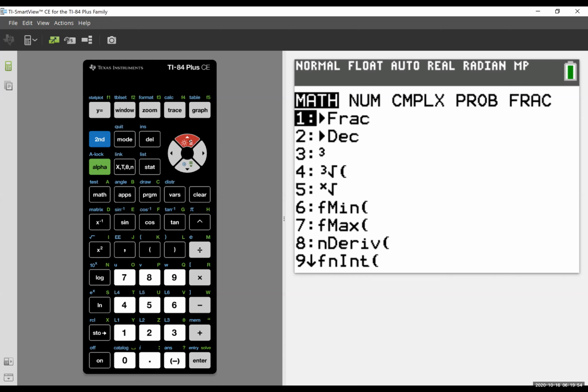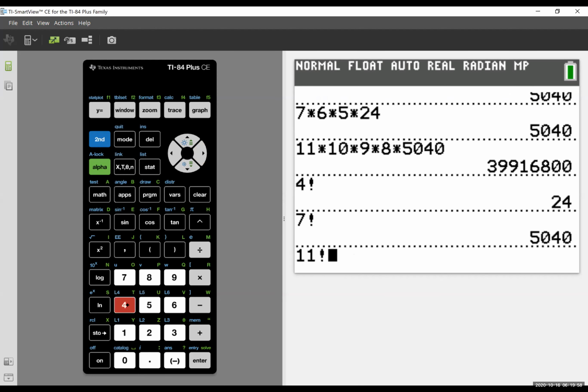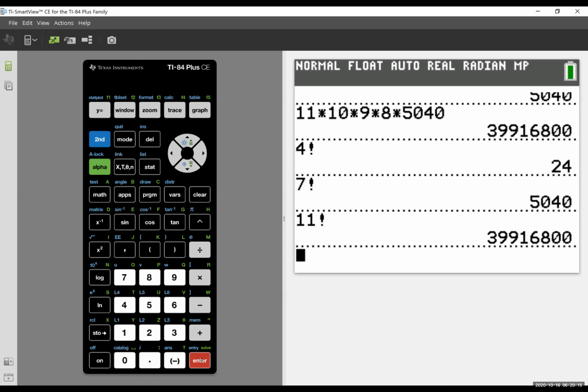Scroll over to the probability menu one more time, item number 4. Let me see if this will let me press it. Sorry, my other window got in the way. Let's try this again. You won't have this problem because you're holding your calculator.